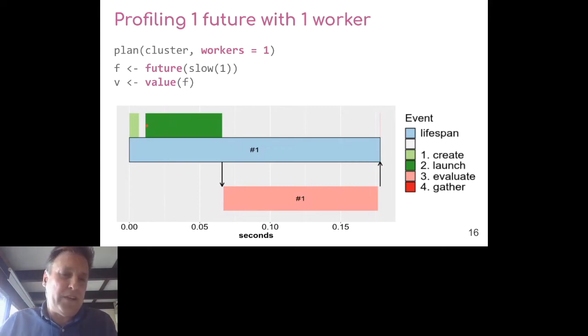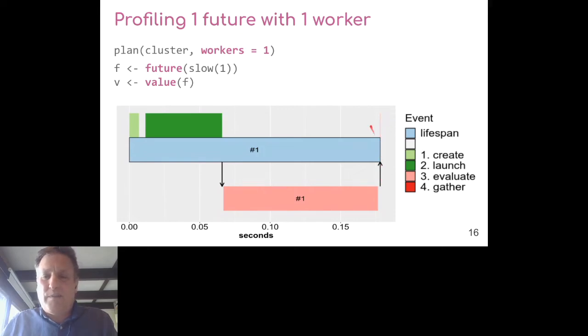But what's going on here is that it's first finding a background worker, communicating with it, and then after it's finished launching, the background worker actually starts its evaluation. And at the end, there's a little bit of overhead on the background worker, and then the results are collected back to the main R session.